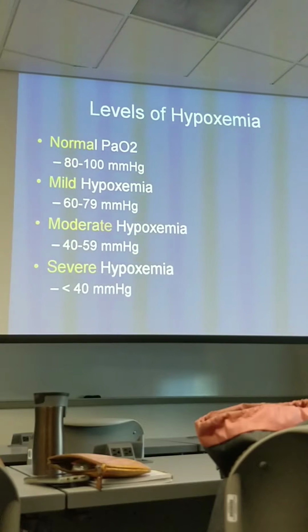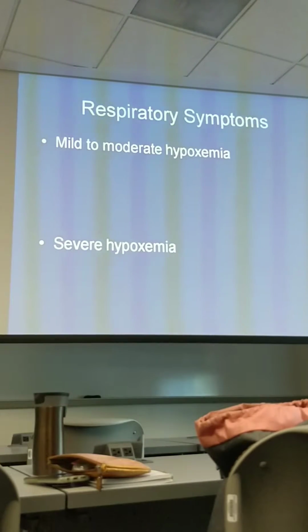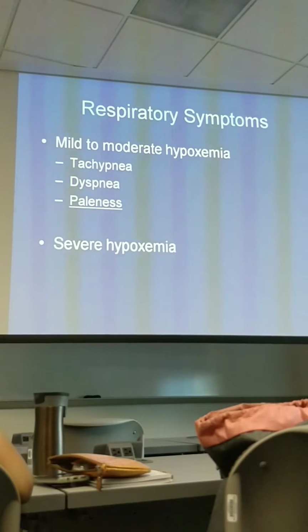Okay. So remember these when we start talking about what the respiratory, cardiac, and neurological symptoms are for somebody that is hypoxemic. The respiratory symptoms for mild to moderate hypoxemia, what did we just say was one of the things? Tachypnea. Tachypnea, dyspnea, and paleness.